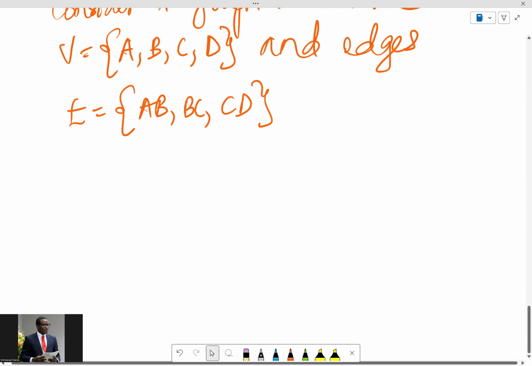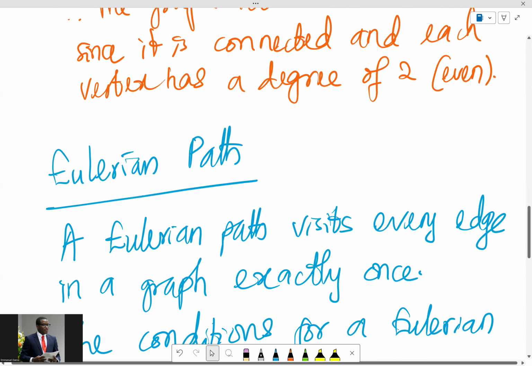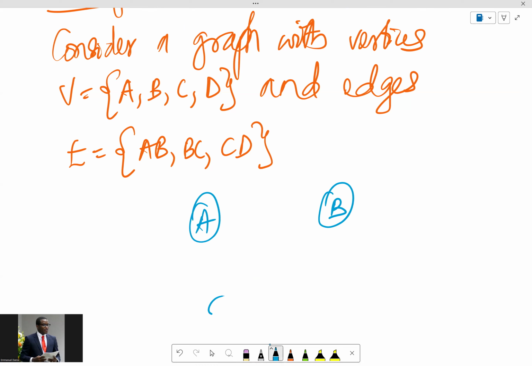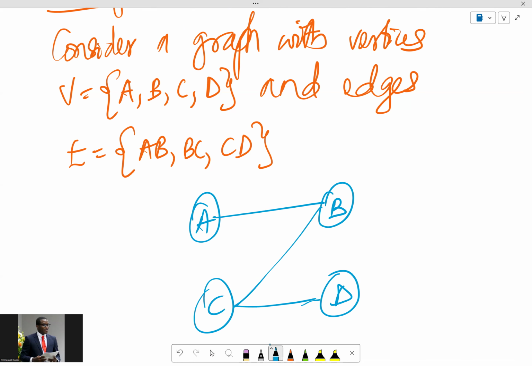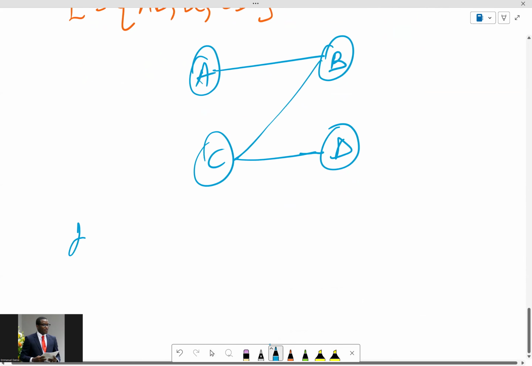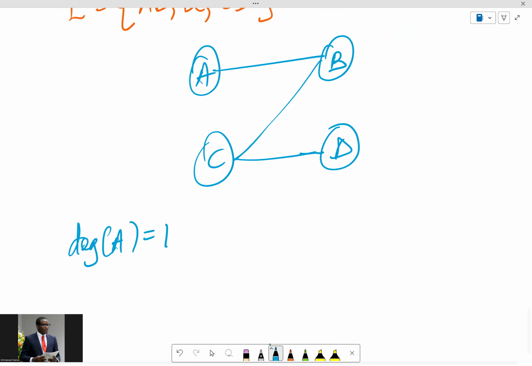So if you want to represent that, we have A, B, C, and D, and the edges are A, B, B, C, and C, D. That's all we have. So D, A is no longer there. So you see here that the degree of A is 1. It's only connected to one edge.